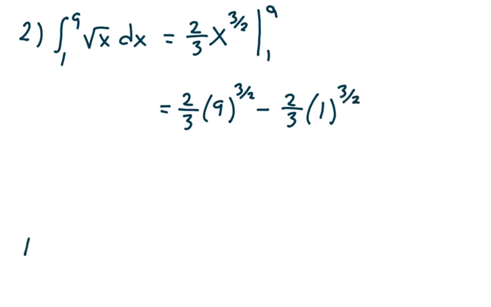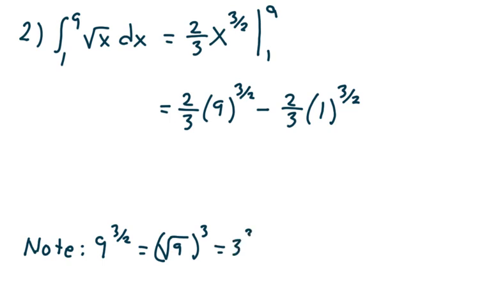Now, down below, let's put a note here. 9 to the 3/2 is equal to the square root of 9 raised to the 3rd power. But this is 3 to the 3rd, which is 27. So this is 2/3 times 27.